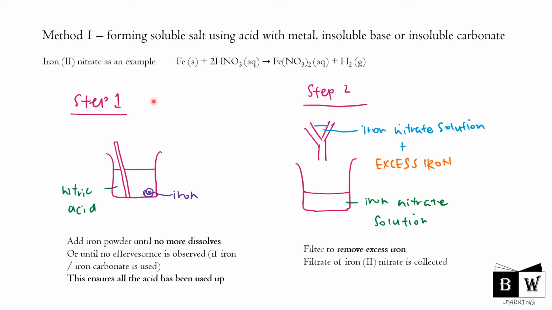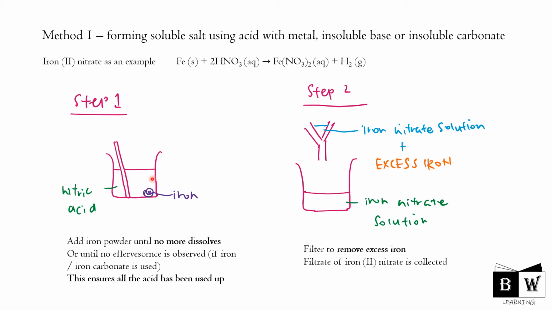So therefore, in terms of steps, the first step would be to react the iron powder with the nitric acid. Here, you want to react excess iron with the nitric acid, because the salt that will be formed subsequently, which is iron 2 nitrate, is a soluble salt.